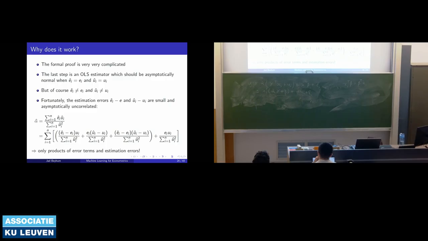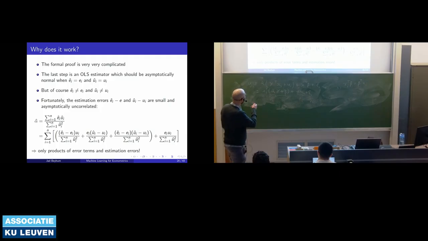The issue here is, of course, ei hat is different from ei, and ui hat is different from ui. However, what's interesting is that you make some estimation error in estimating ei and ui, but these estimation errors are both small and somehow very little correlated with each other.